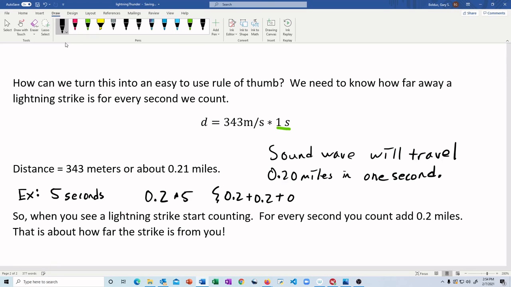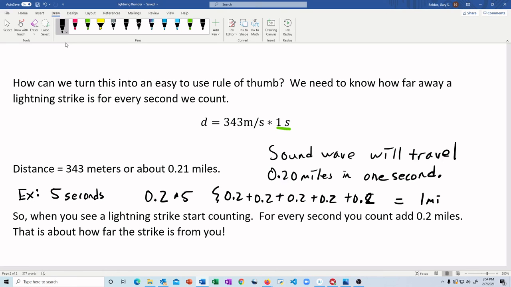These are the same thing. Whatever's easier for you to remember. Either way, you're going to get 1 mile. So that's another rule of thumb. If you prefer that, you can remember 5 seconds is 1 mile away.